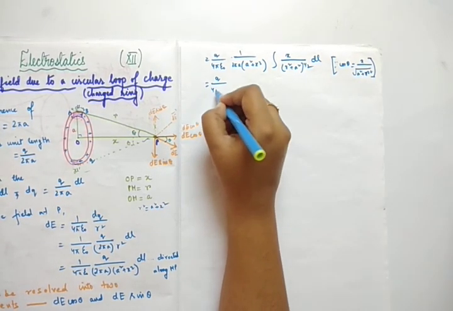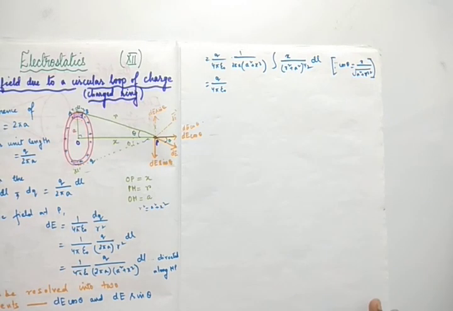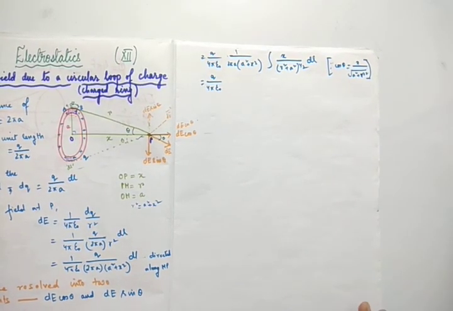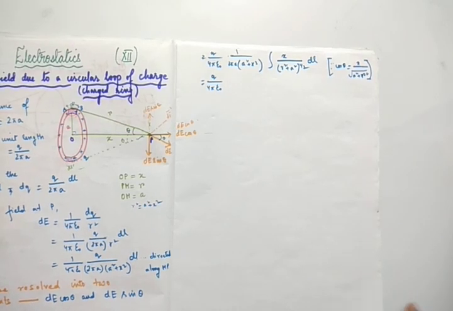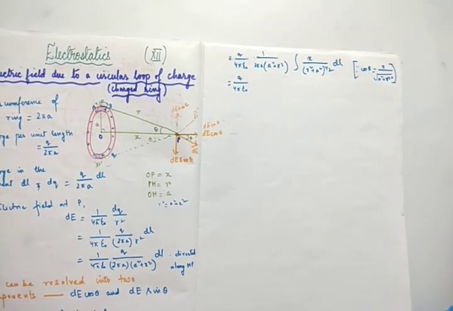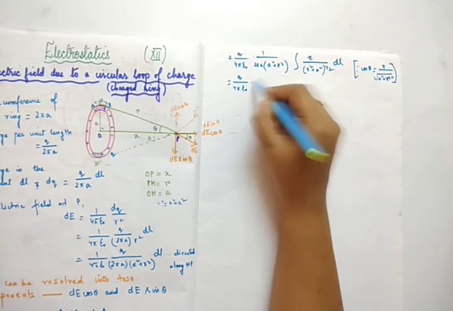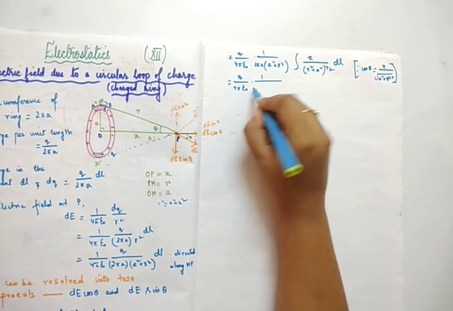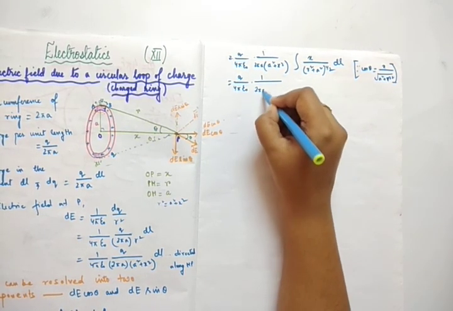So again Q by 4 pi epsilon naught, 1 by 2 pi a.